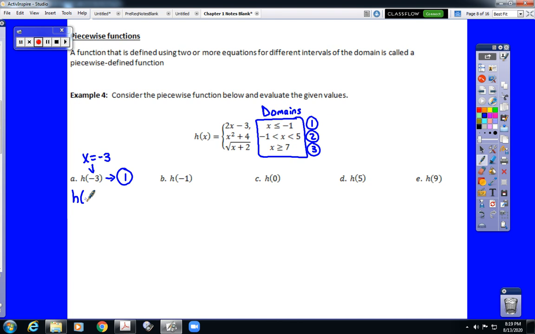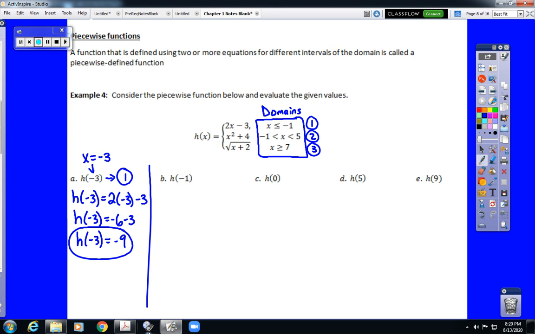So h of negative 3 equals 2 times negative 3 minus 3, because we're plugging negative 3 in for x in the first piece. So h of negative 3 would be negative 6 minus 3, or negative 9.